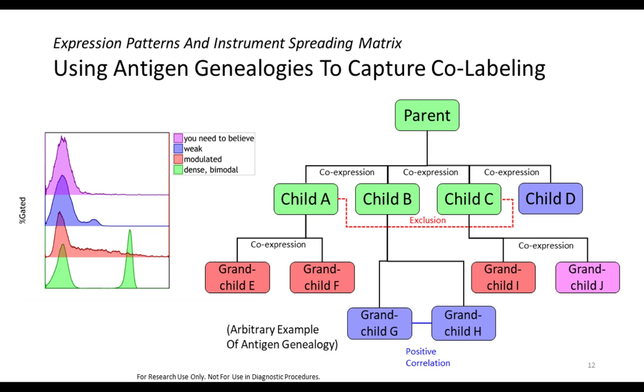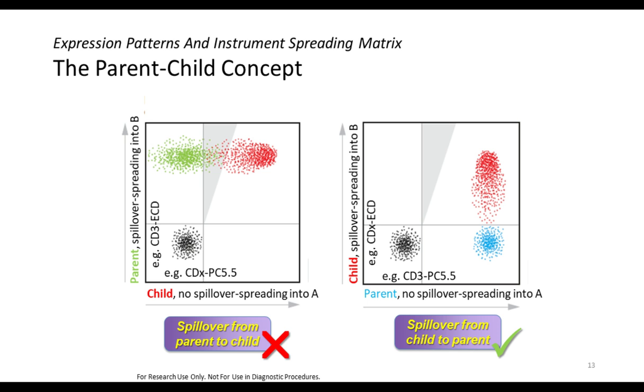To understand this tree and what information is inside this tree, maybe we start with looking at the parent-child relationship. A child antigen would also always be co-expressed together with its corresponding parent antigen, whereas a parent antigen may well be expressed without this child antigen, could be expressed with other child antigens also, giving rise to various subpopulations.